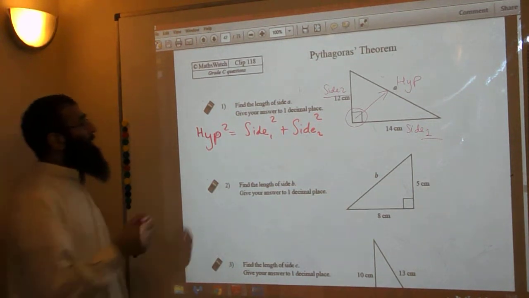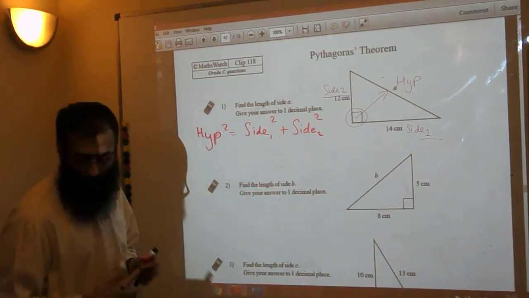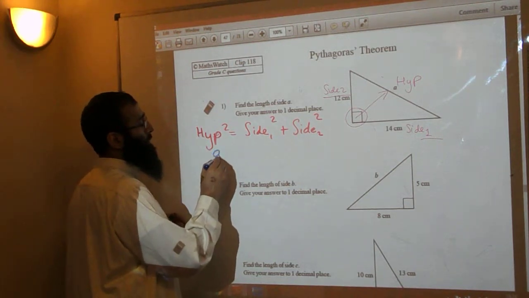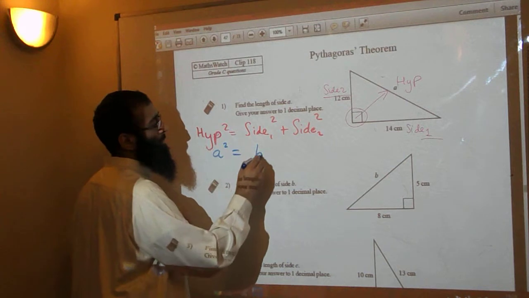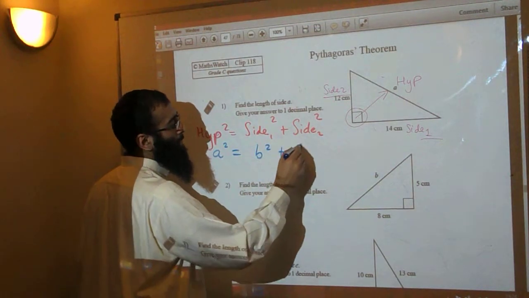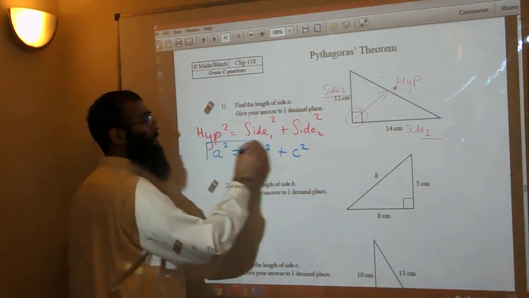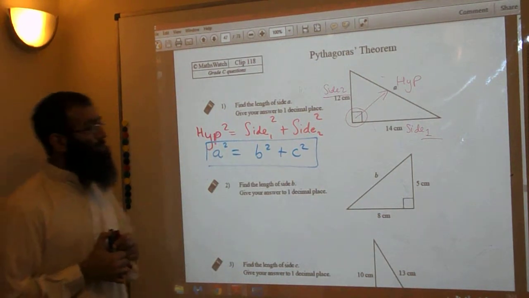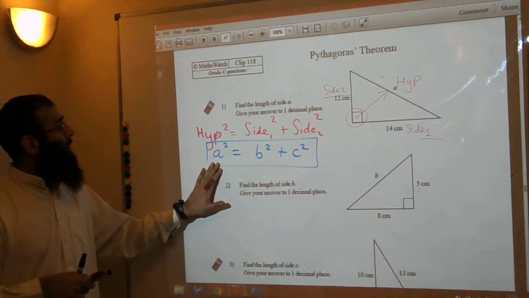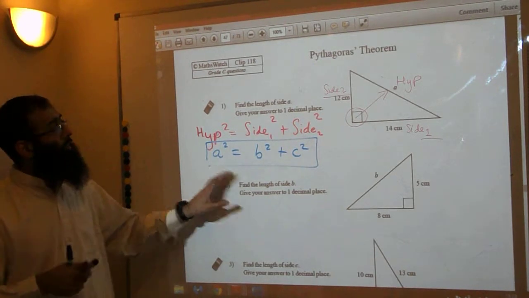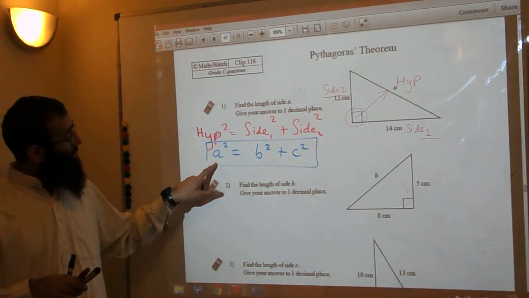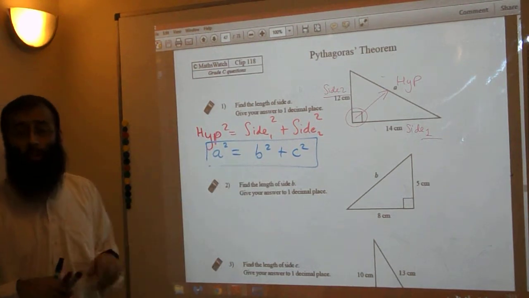Now this is normally given in this format in school books. Tell me if you come across this formula here. A squared is equal to B squared plus C squared. The A squared in this formula is referring to the hypotenuse. It has to be the hypotenuse, the longest side in the formula. So referring to B and C, you can label them in any order you like.